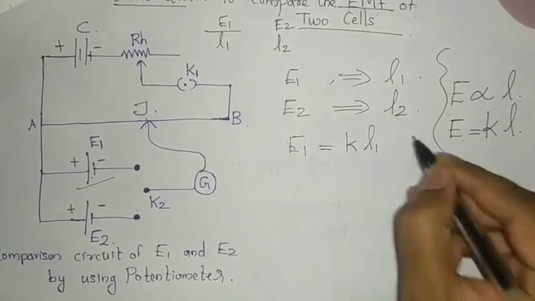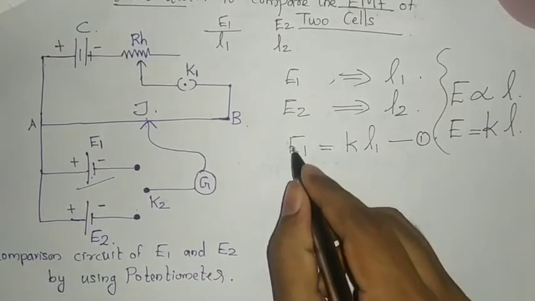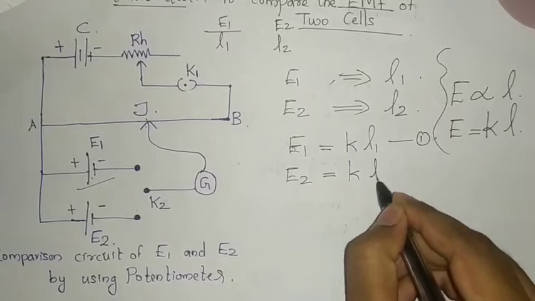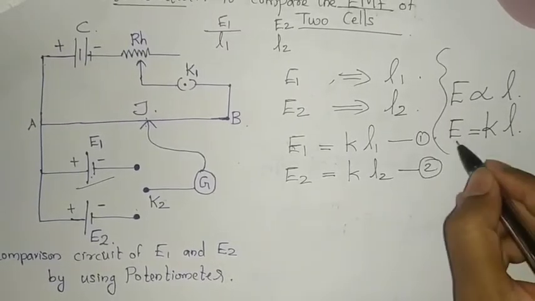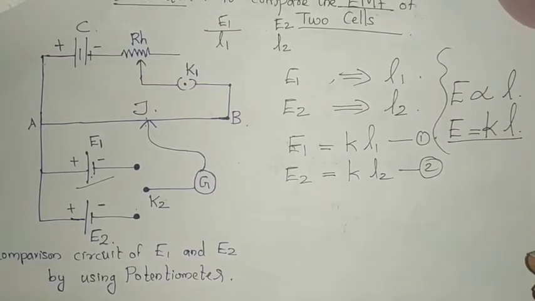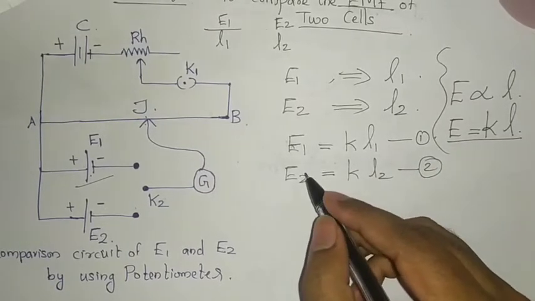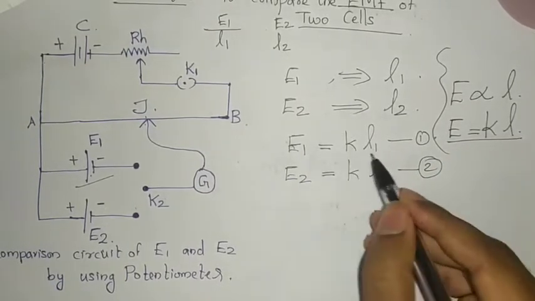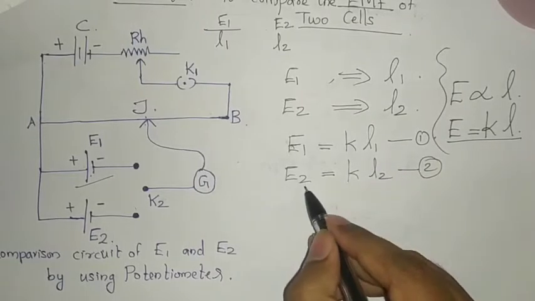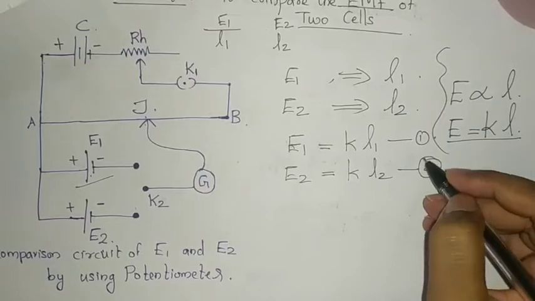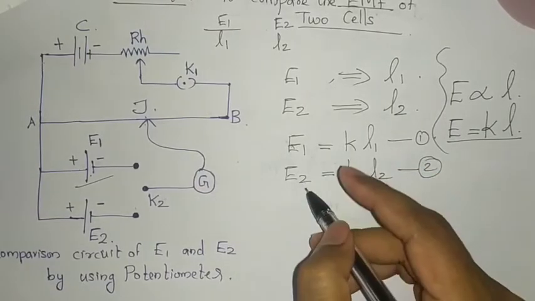E equals KL is the principle of potentiometer, and we are using the same equation here to compare the EMF of two cells. So we have two equations, for E1 and for E2.